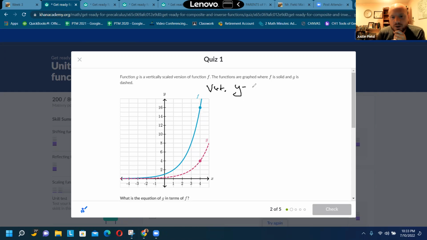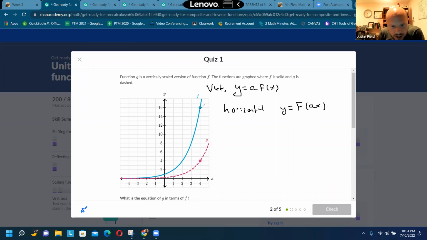The vertical change would be multiplying the whole rule by a number. The horizontal change would be when you multiply the independent variable by a number. So right here, I see a vertical. So function g is a scaled function of f.